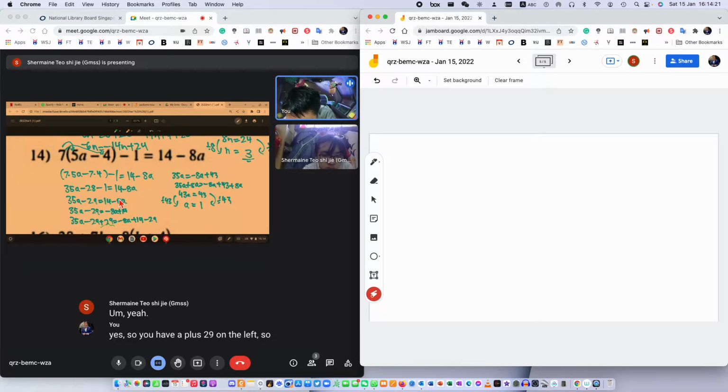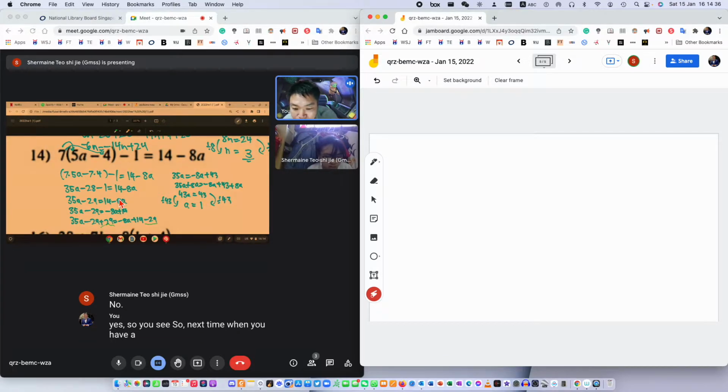Can you look at your right hand side? What do you write there? Minus. So is it correct? No. So you see. Next time when you have a plus 29, you immediately write a plus 29. You're not supposed to make careless mistakes like this.